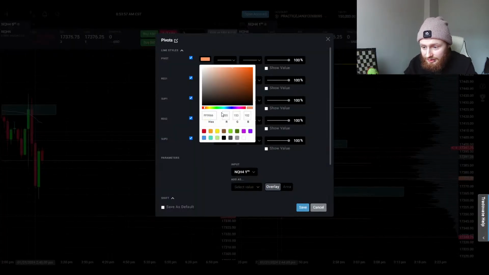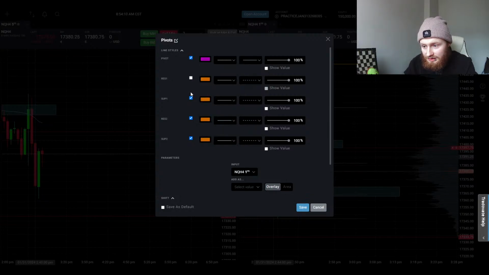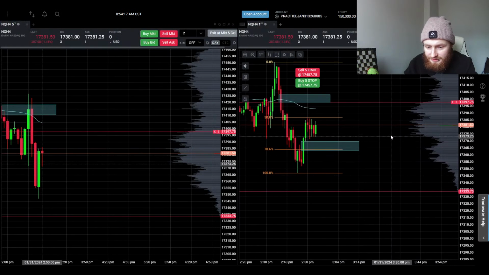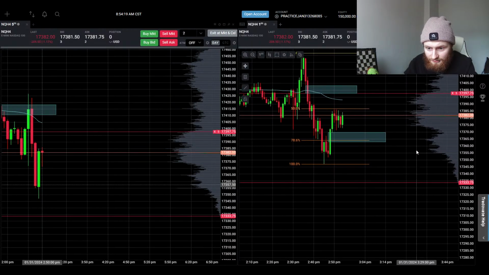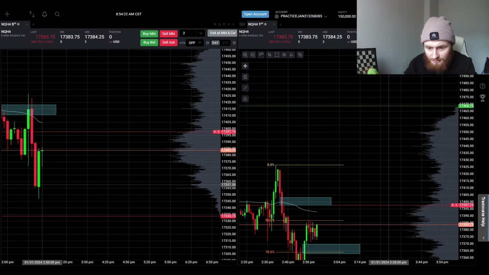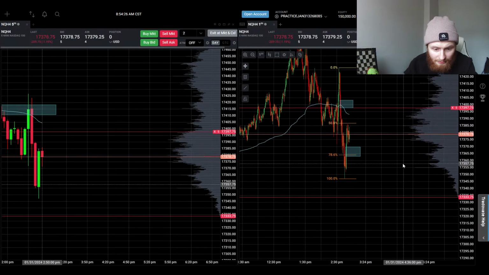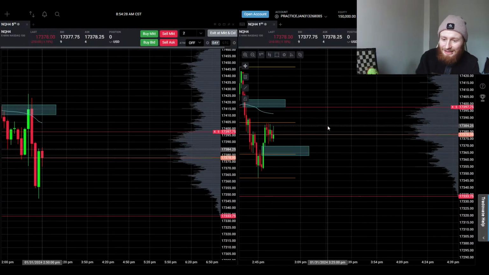My pivot line is going to be maybe pink. I'll have a pivot line like that. Now where is the pivot then? Still not going to tell me. Ah well.